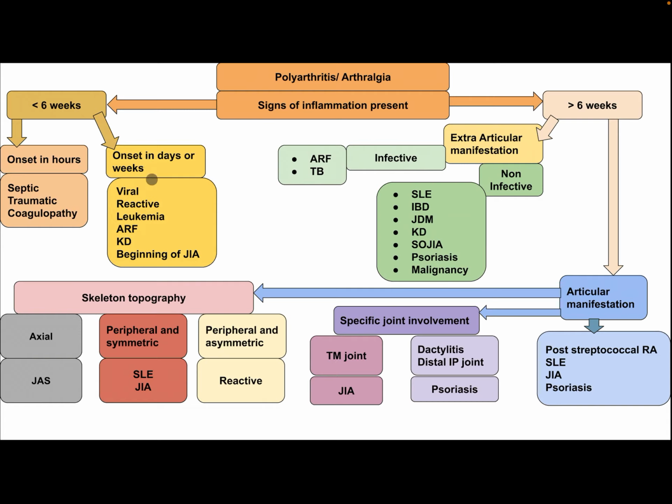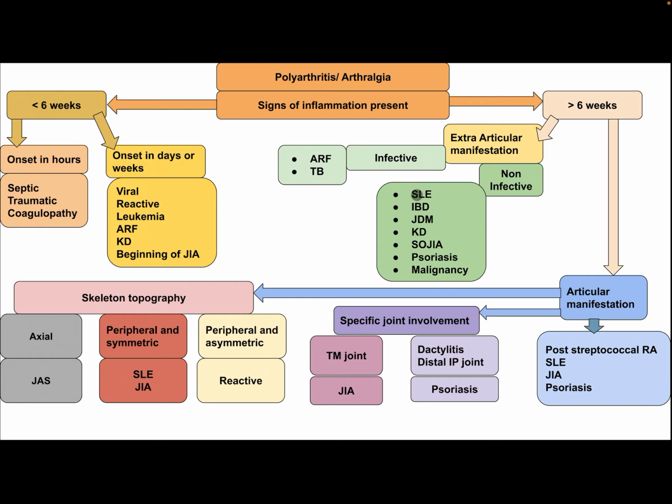If the onset is in days or weeks, differential diagnosis: viral, reactive, leukemia, acute rheumatic fever, Kawasaki disease, and maybe beginning of the JIA. If the signs of inflammation are present for more than 6 weeks, if the patient has extra-articular manifestation, either infective or non-infective: infective, acute rheumatic fever and TB.